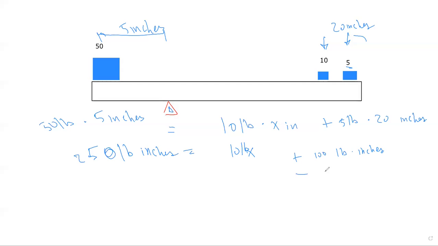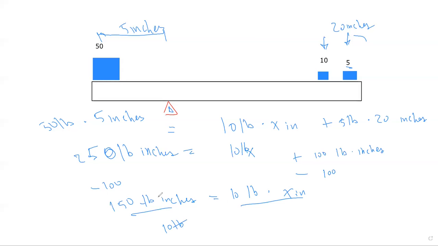Let's subtract this 100 pound inches from this side to balance the equation. So 250, so correction, that'll be 150 pound inches equals 10 pounds times some distance in inches. Let's divide this side by 10, this side by 10. So now we're left with 10 pounds.